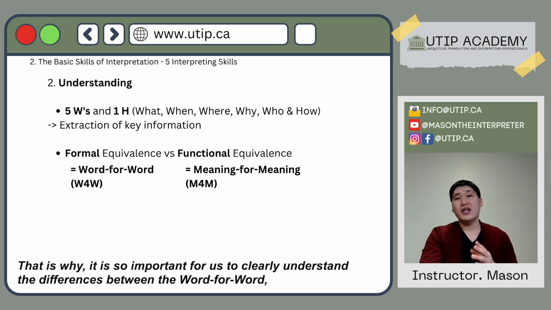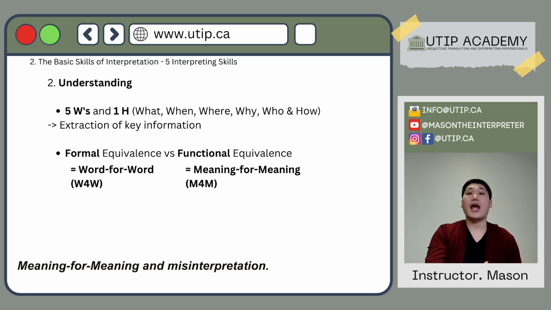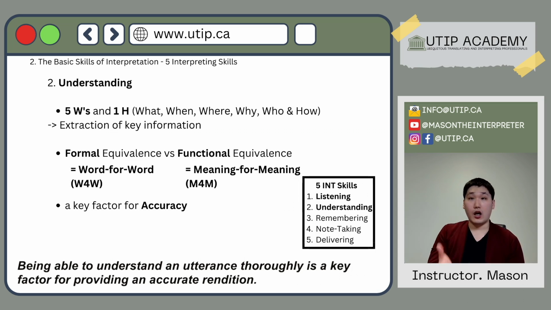That is why it is so important for us to clearly understand the differences between the word for word, meaning for meaning, and misinterpretation. Being able to understand an utterance thoroughly is a key factor for providing an accurate rendition.